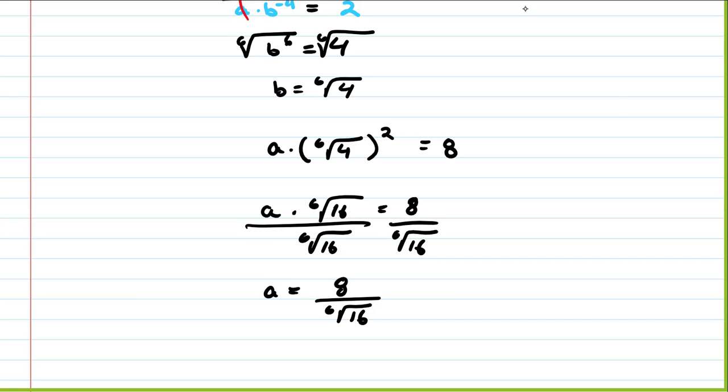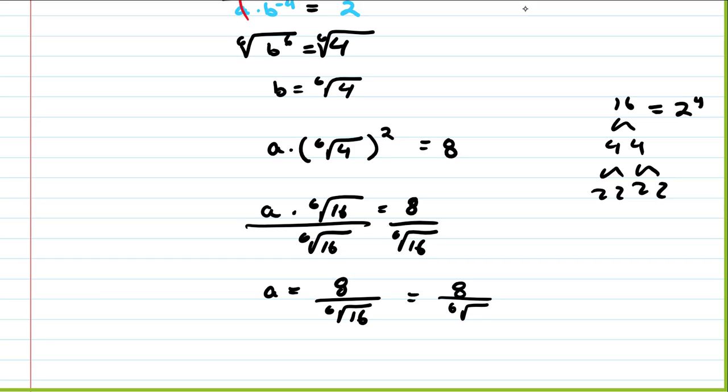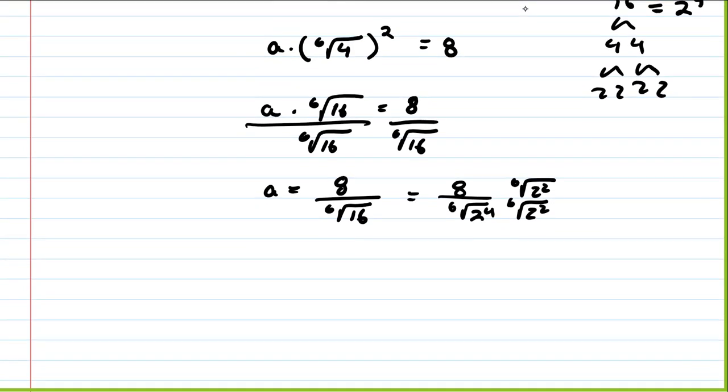So we could try to simplify this. 16 breaks down into 4 and 4, 2 and 2, 2 and 2. So 16 is 2 to the 4th. So to simplify this further, to rationalize the denominator, we would need to multiply the top and the bottom by the sixth root of 2 squared, because then two things with the same base add, and that would give us 8 times the sixth root of 2 squared, which I'll just write as 4 now, over the sixth root of 2 to the sixth.